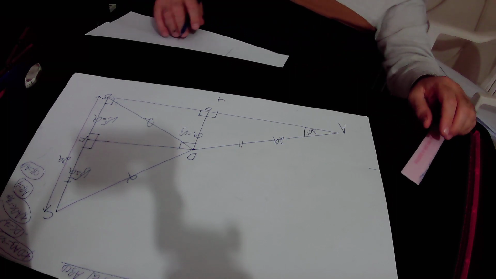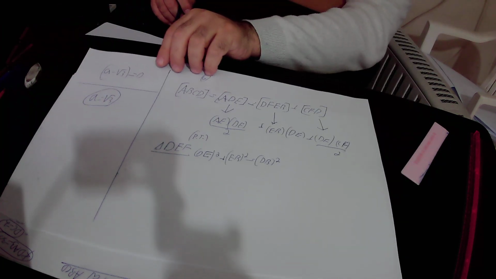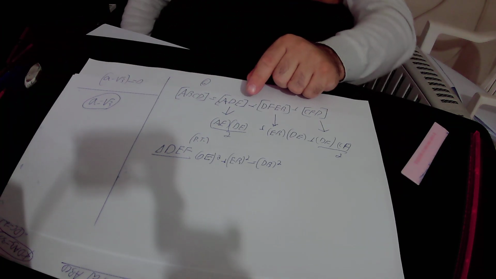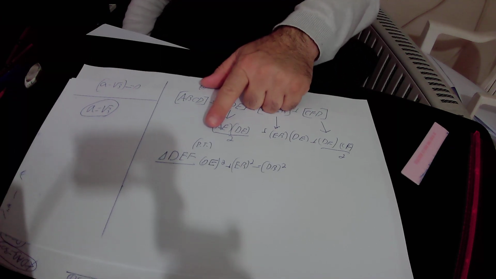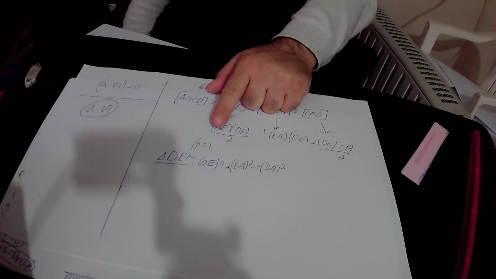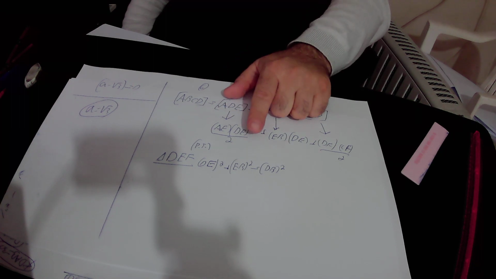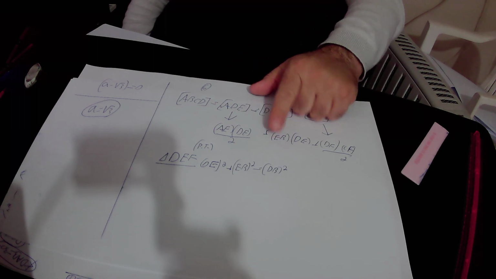I will repeat again. In the right triangle DEF, according to the Pythagoras theorem, DE square plus EB square equals DB square.